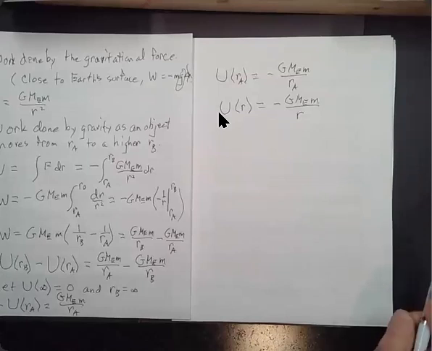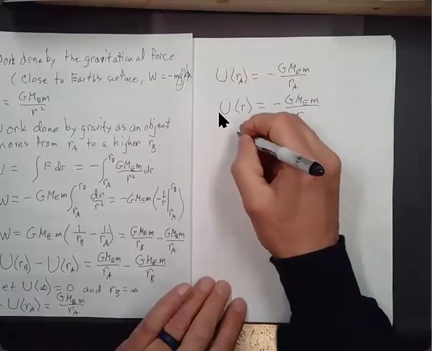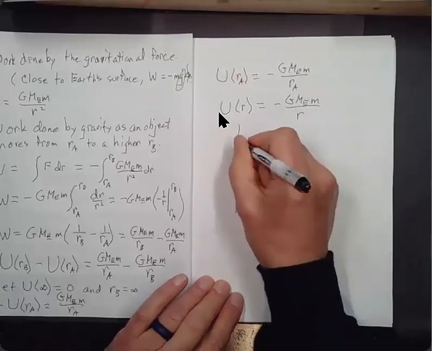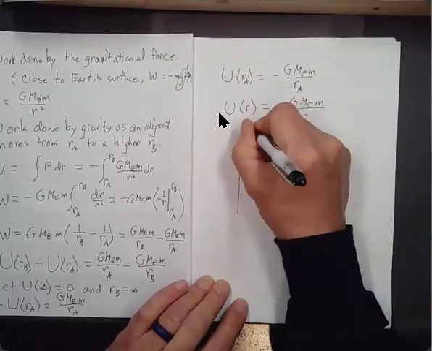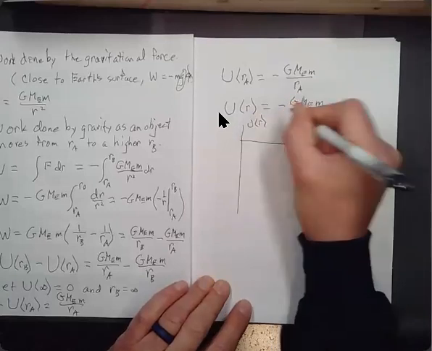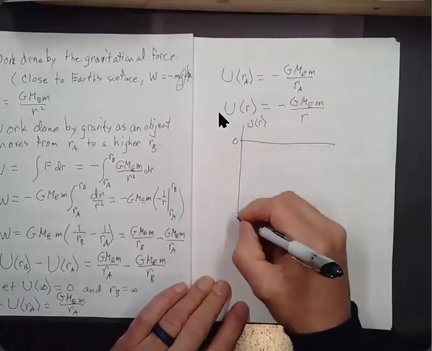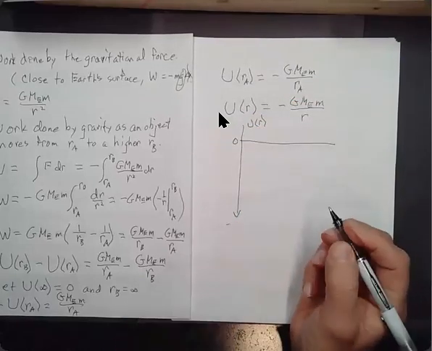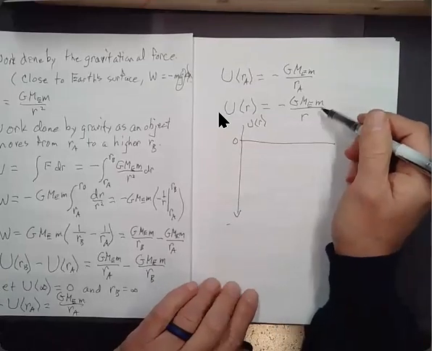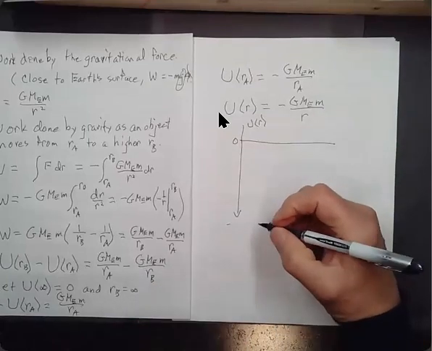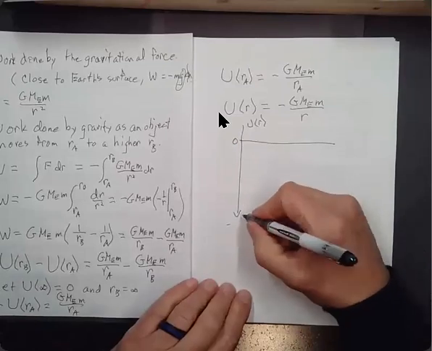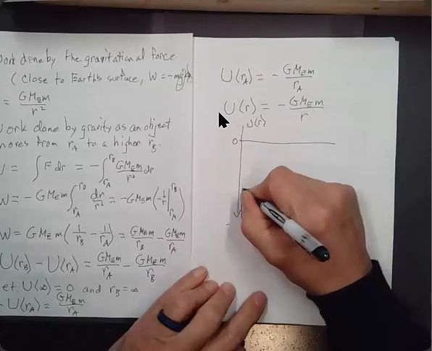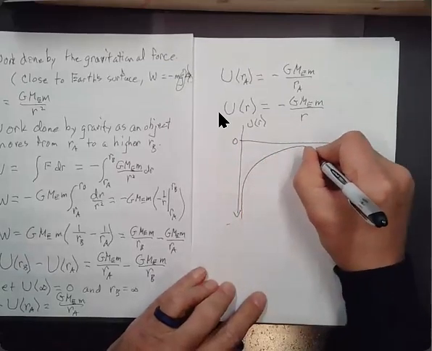Okay, I can make a graph of that. And so this will be U of R. Here's 0. Minus is going in this direction. If I graphed 1 over R, or actually minus 1 over R, here's what I get. I get something that looks like this.